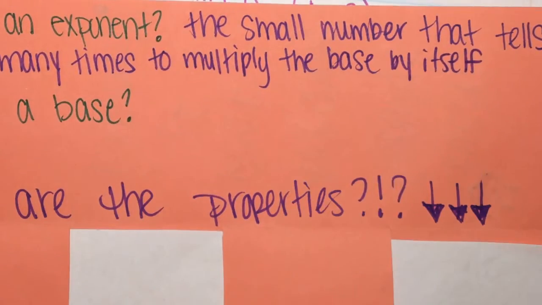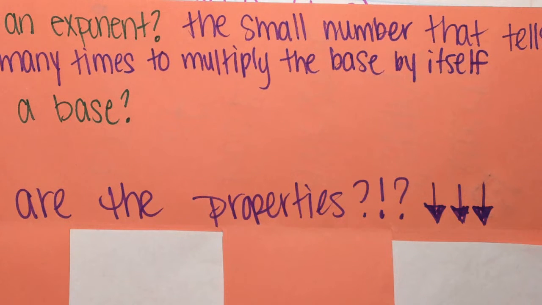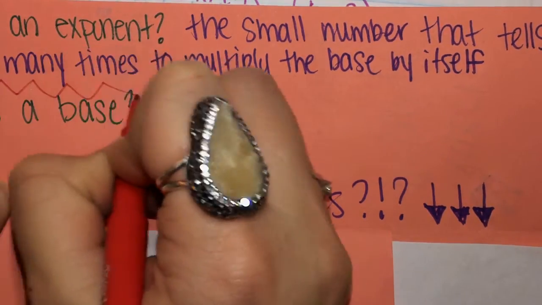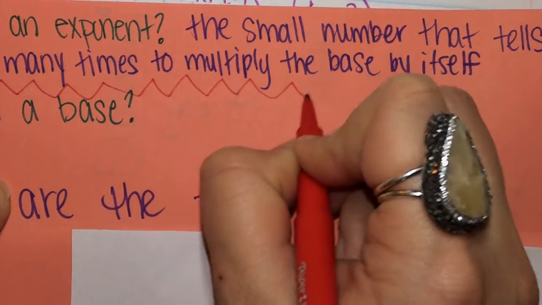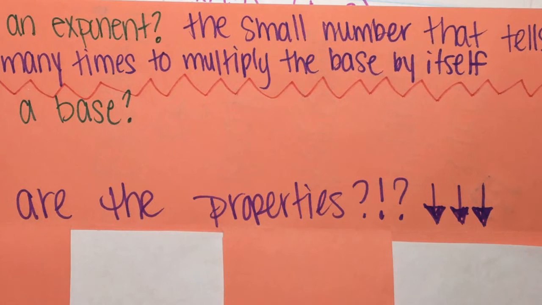What are the properties? So if the exponent is the baby number, what's the base? The big number, and that's what we multiply, right?